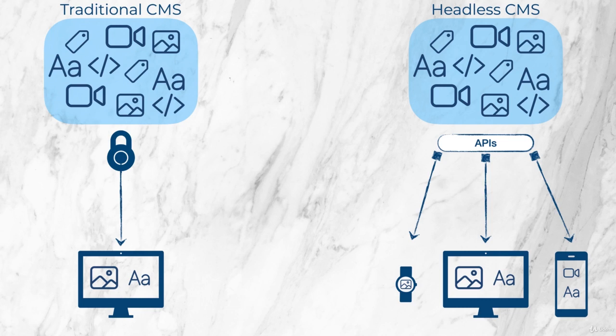This creates a higher barrier to entry for those looking to work on these applications. It also means that these traditional CMSs can only produce content for one explicit front end. They can only explicitly define one presentation, one set of content for the one application.